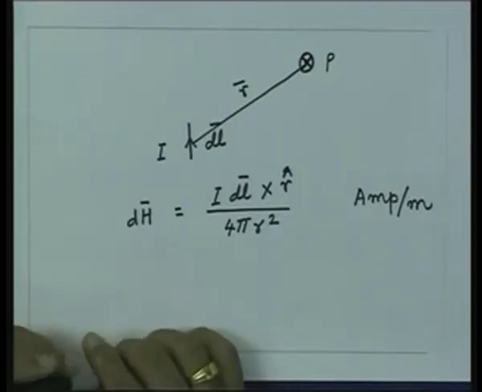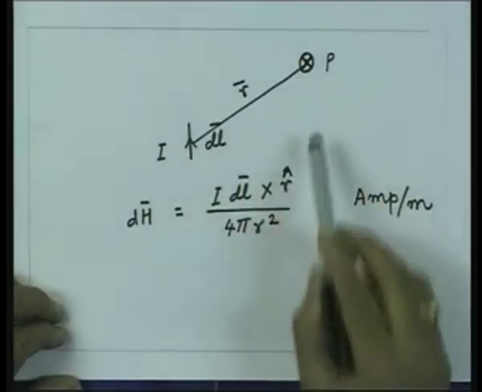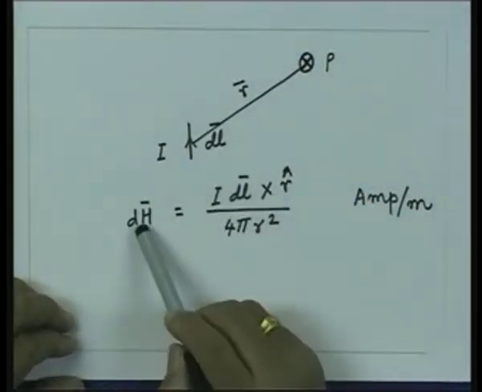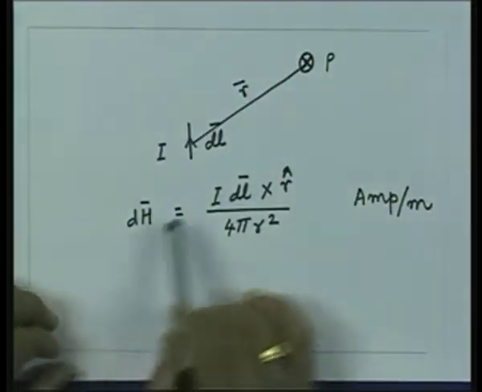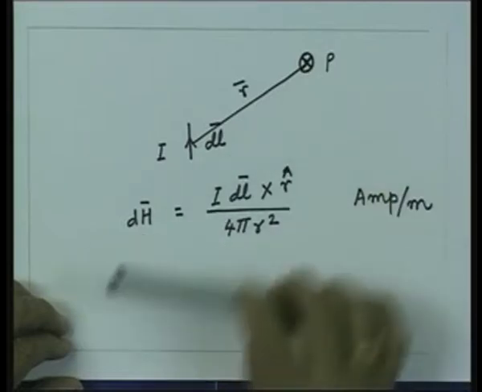Many times the magnetic field strength is simply called magnetic field, and what we find is that this quantity is not dependent on any of the medium parameters. As long as this current is I, the length is dl, no matter what medium is surrounding this current element, the magnetic field produced at this point will be this.